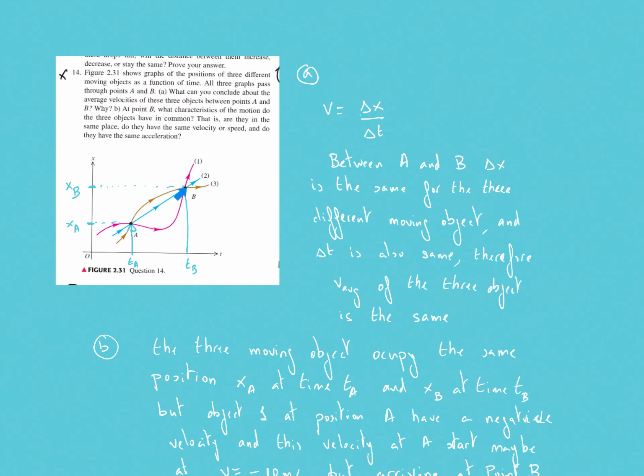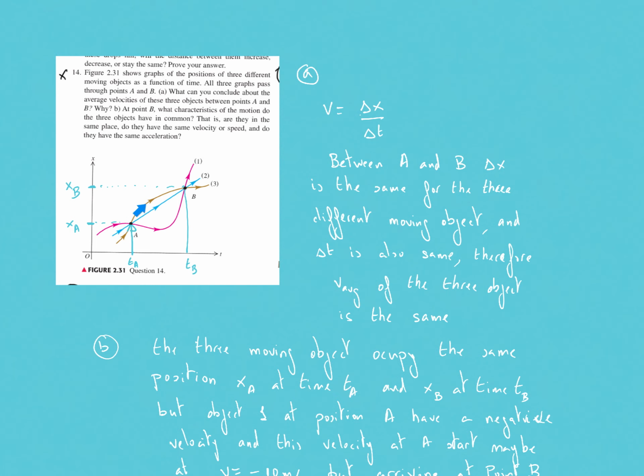At the point B, it happened exactly the same thing. But look, the velocity at the point B of object 3 looks like it's going to be 0, because the slope will be 0. So object 3 starts at the position A with a positive velocity, maybe 10 meters per second.